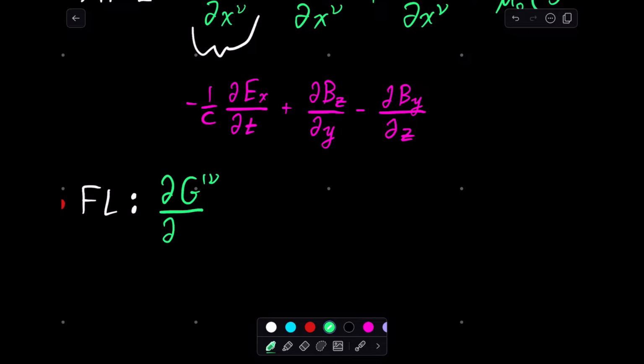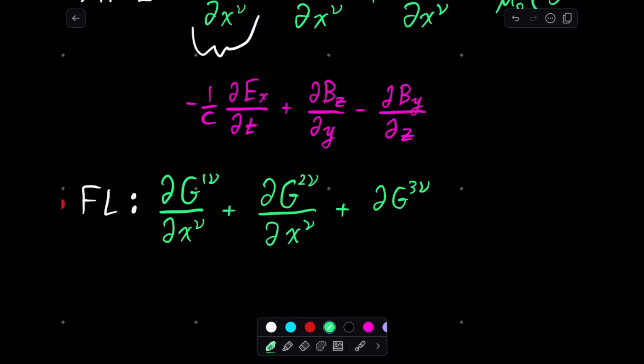So it's the partial of g1 nu with respect to x nu plus partial of g2 nu with respect to x nu plus partial g3 nu with respect to x nu, that being equal to 0.